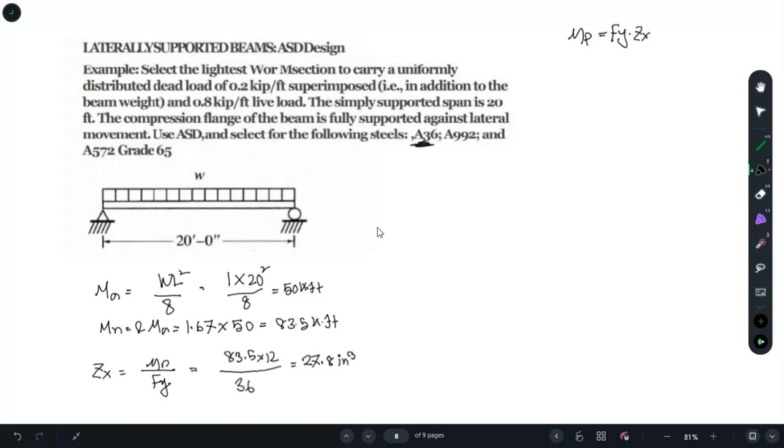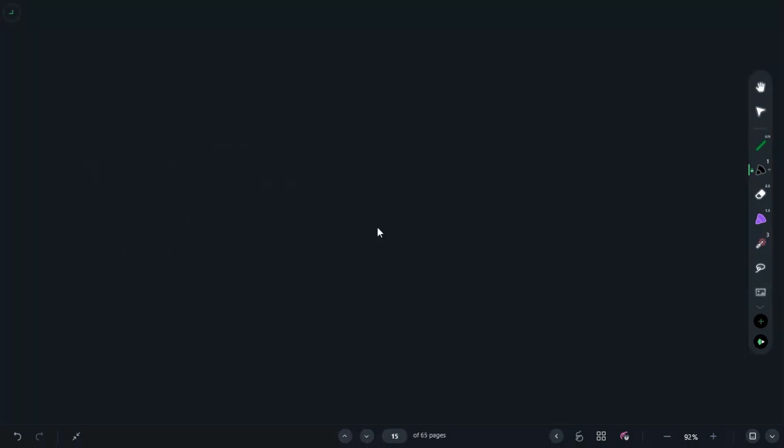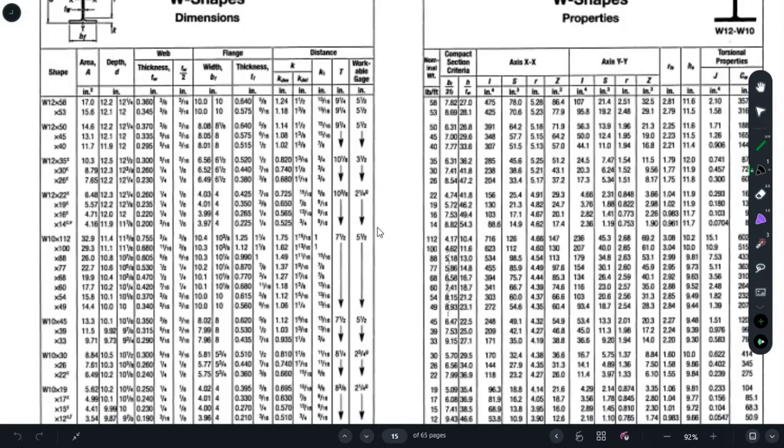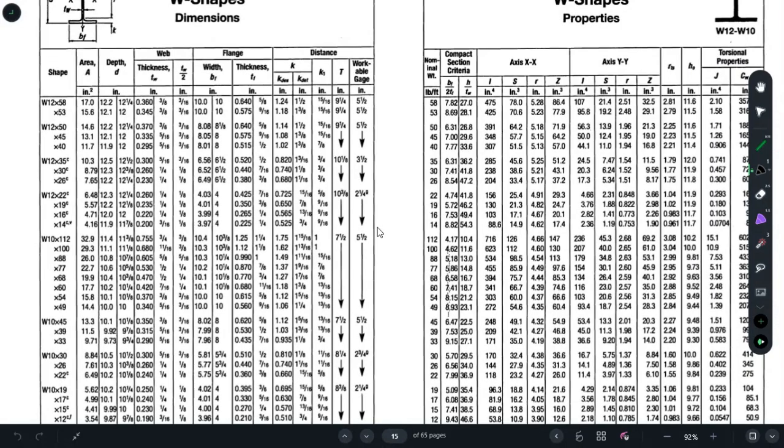So using the value of Zx, we will select the section. Our Zx value is 27.8. Around the x-axis, you have a Z value in this column. We need a value of 27.8 or above it.